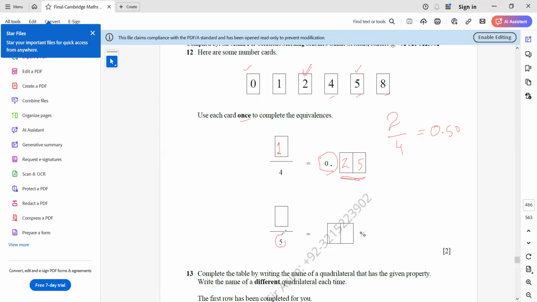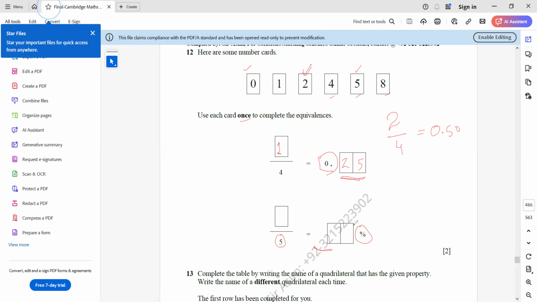Okay. Now for the percentage. Something divided by 5 should be giving us some percentage. And since we do not have any decimal over here, that means that percentage is greater than 1. Percent means divide by 100. You need to divide it by 100.